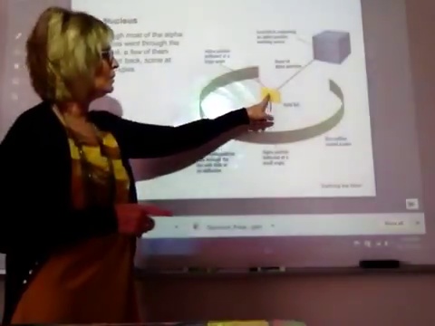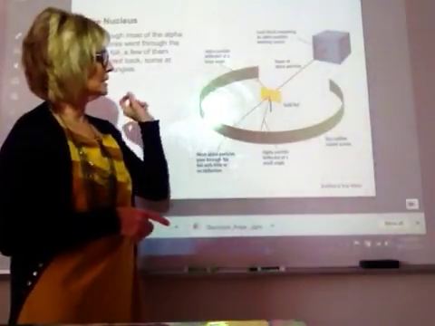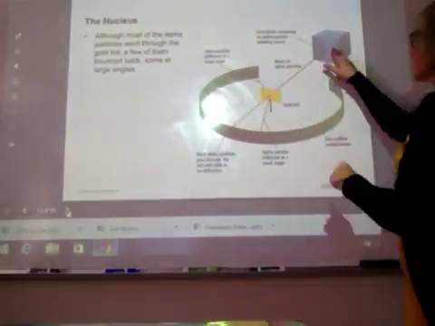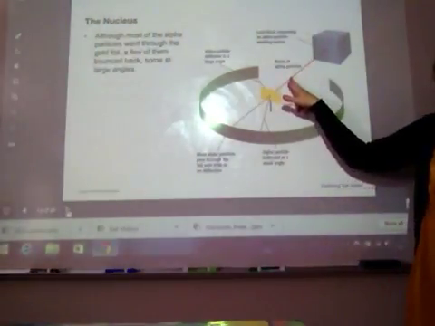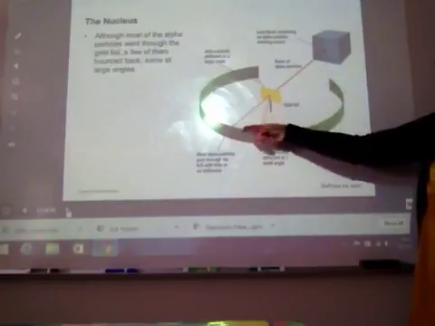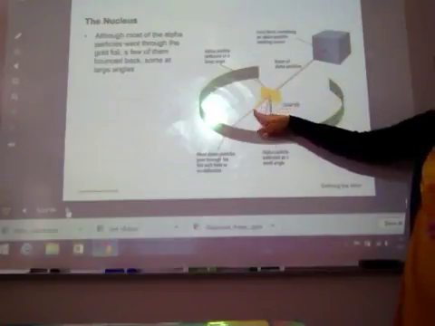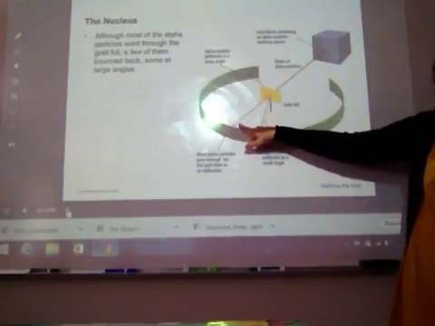He had gold foil in the middle, and then he shot beams of positively charged particles through that gold foil. What he found is that most of the particles went right through the gold foil. They didn't get deflected. Most of them went straight through.